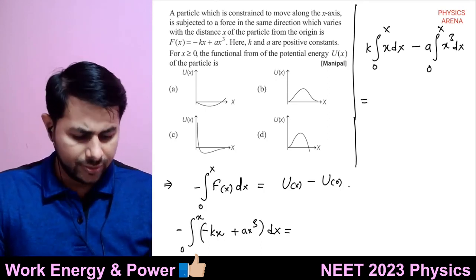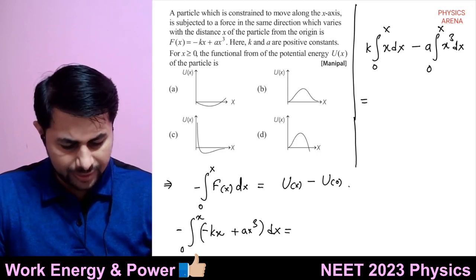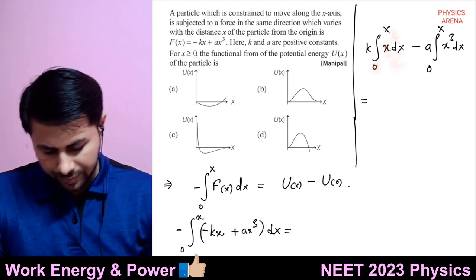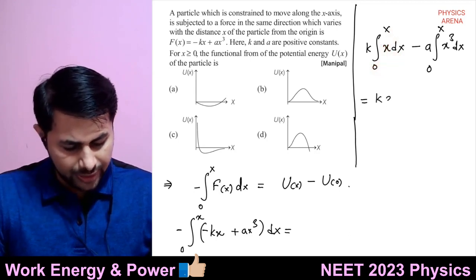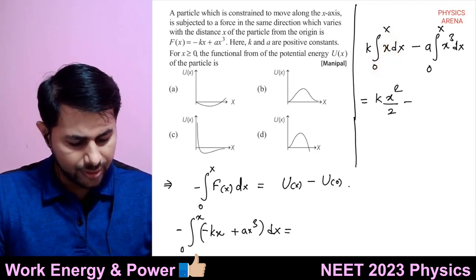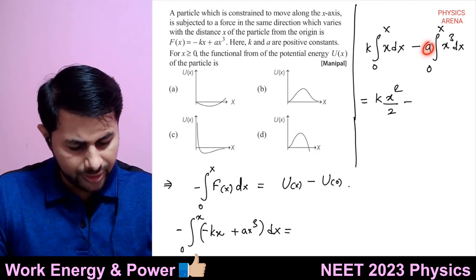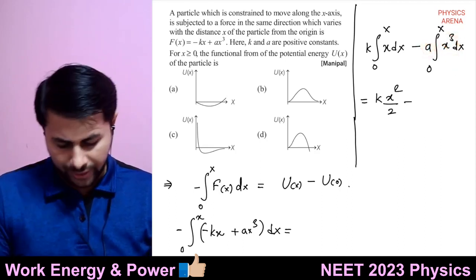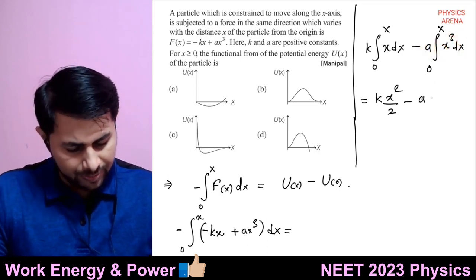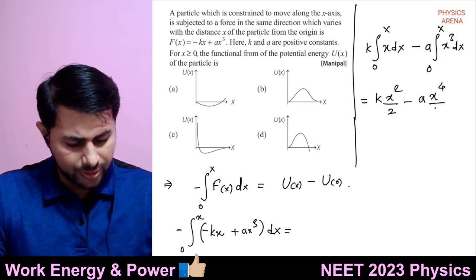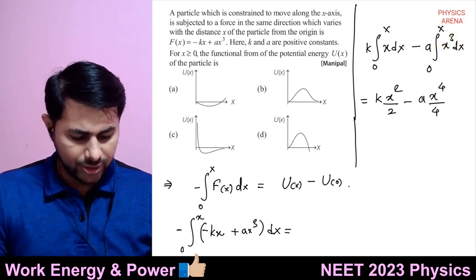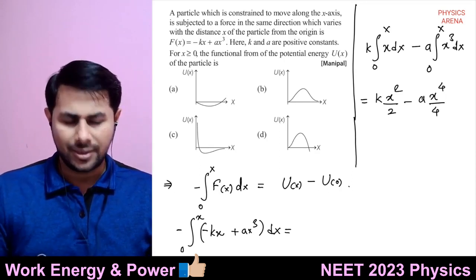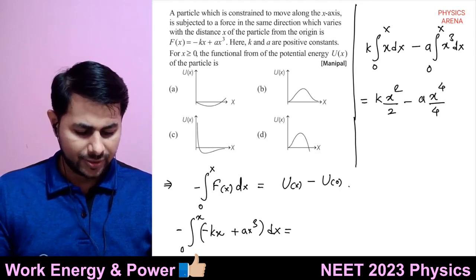This becomes k times x square upon 2, because the lower limit is 0 only, minus a multiplied by x raised to 4 upon 4. So this is your potential energy function.